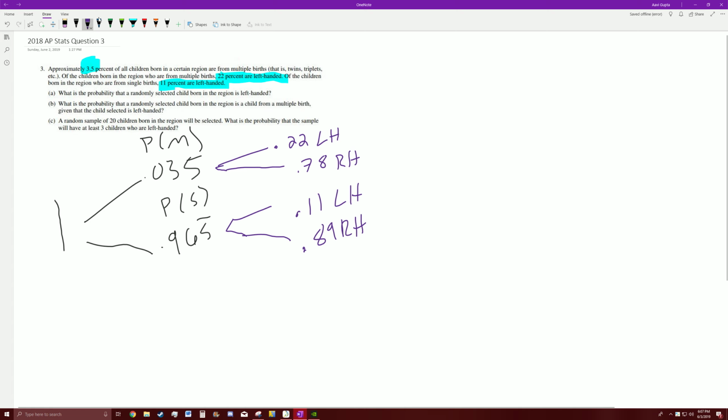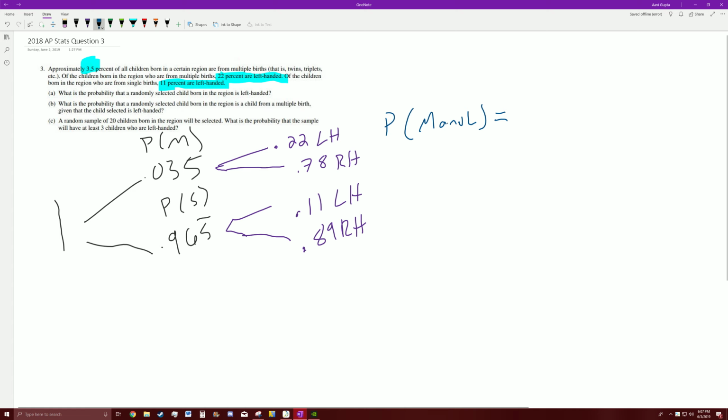Now another good step is to calculate your AND probabilities, meaning the probability that it's multiple and left. It's a really good idea to do this just to get it out of the way, because often these stats questions will ask you a simple question concerning these AND probabilities.